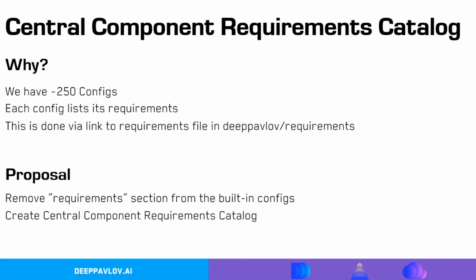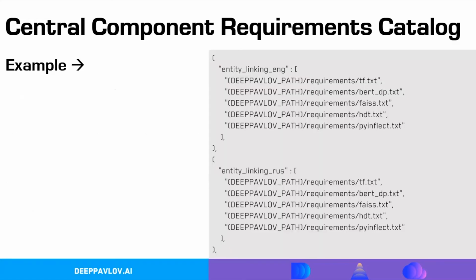What we want to do is remove this requirement section from the built-in configuration files, and bring one catalog that would keep a record of requirements for all built-in config files. That would allow you to more easily grasp the config files and understand what's happening inside them. And for us, it would also help to track requirements in one central location. So how is it going to look?